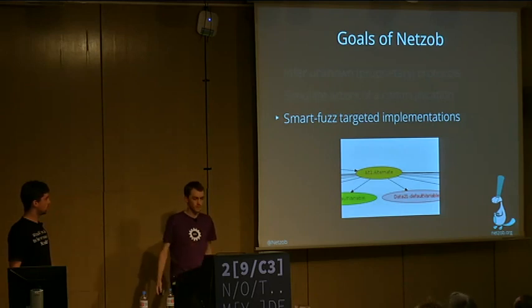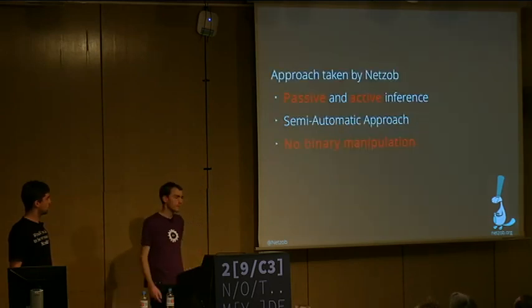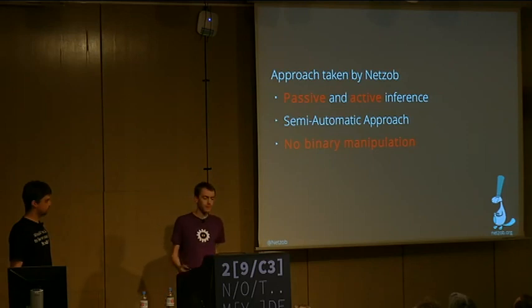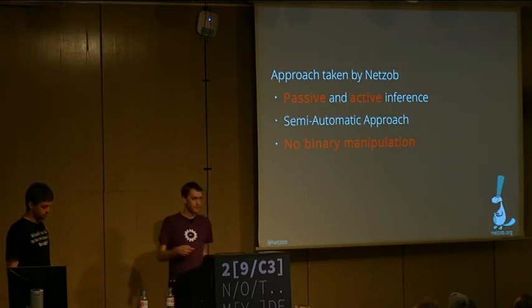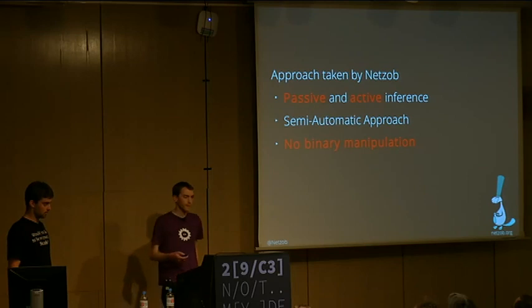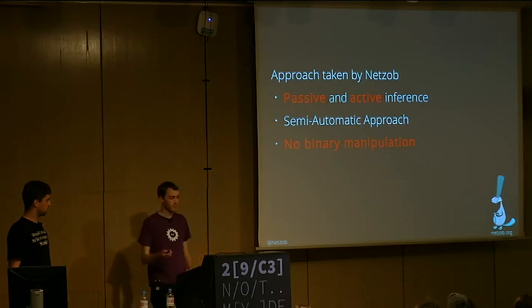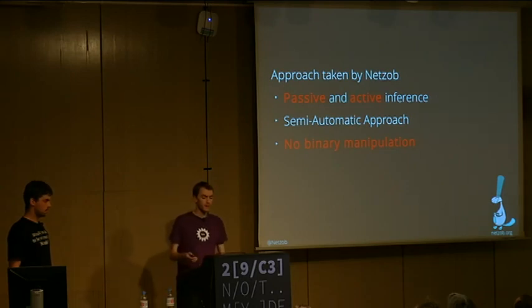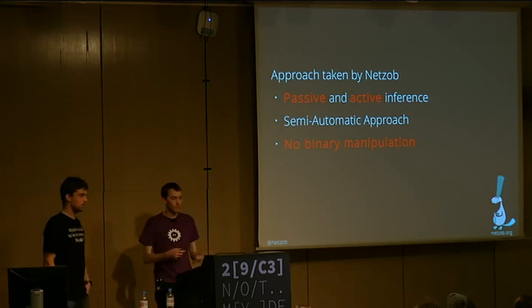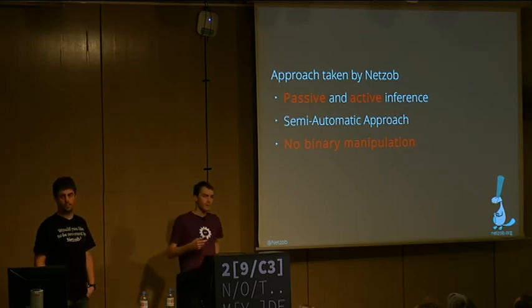So three main goals. The approach we've taken inside NetZob is both passive and active inference. By passive, I mean just observing some traces and trying to infer the message format and the grammar of the protocol. And by active, I mean talking with an oracle, a reimplementation. We use a semi-automatic approach.